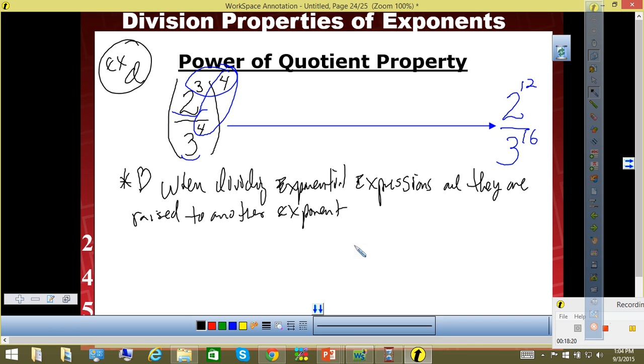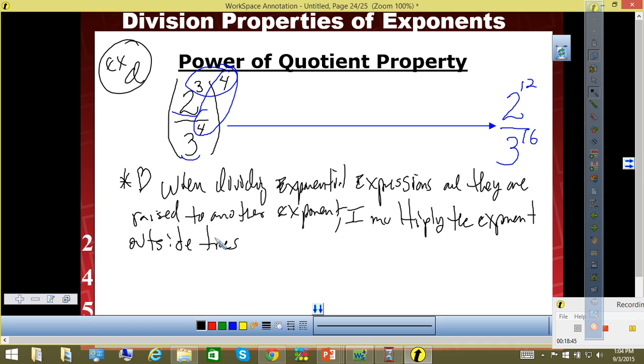I multiply the exponent outside times all the exponents inside.